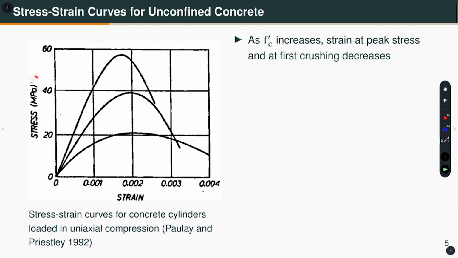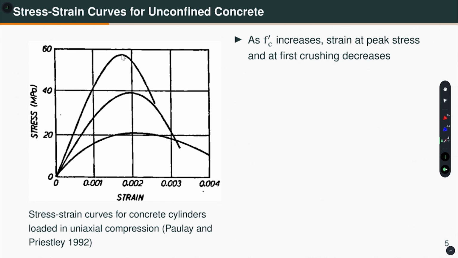Here I am showing you stress versus strain for 3 different grades of concrete. As you can see, this is about 20 MPa, this is close to 40 and this is close to 60 MPa. So, 3 different grades of concrete, stress strain obtained experimentally under uniaxial compression. What do we notice? Well, we notice a few things.